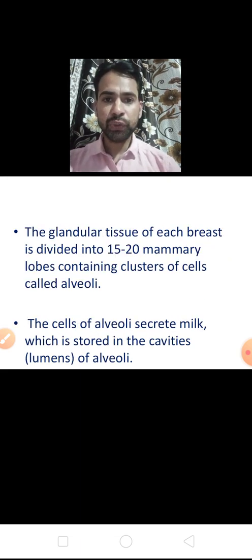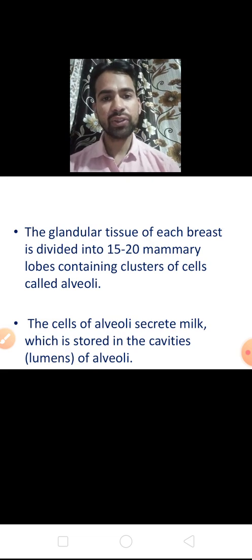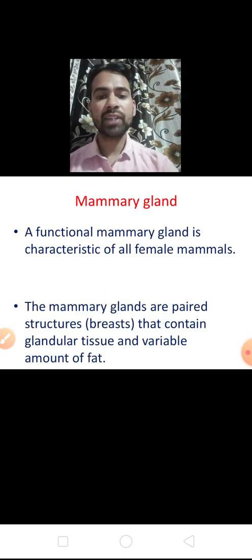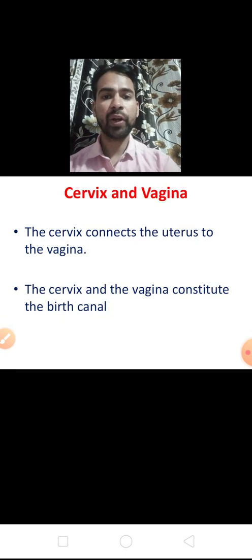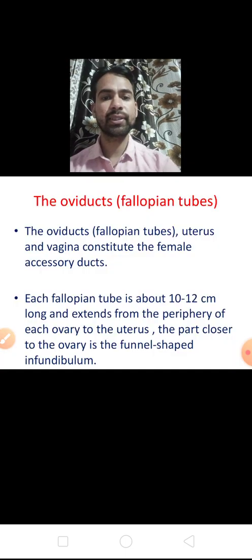The glandular tissue of each breast is divided into 15 to 20 mammary lobes which contain clusters of cells, the alveoli, and the function of alveoli is to secrete milk. Clear? So children, these are the parts of the female reproductive system that we have discussed.